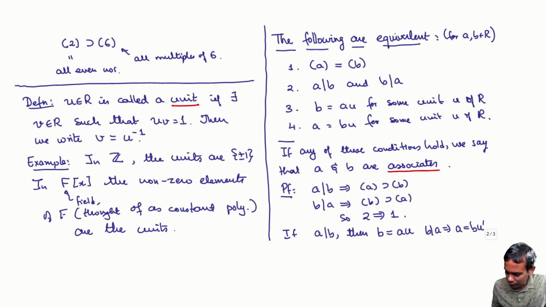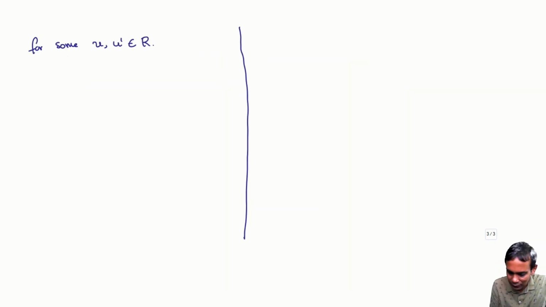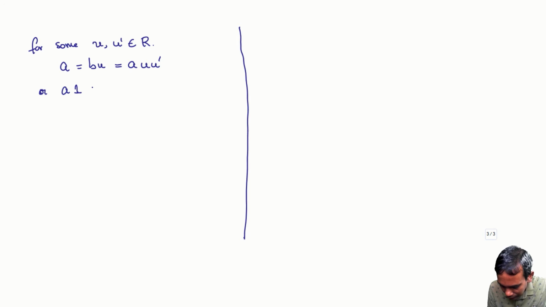Okay, so we have B is AU and A is BU prime. So we can write it as A is BU but B is AU prime, so BU U prime, AU U prime. Or we can write this as A times 1 is AU U prime.